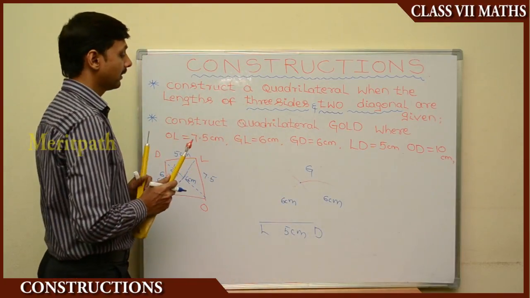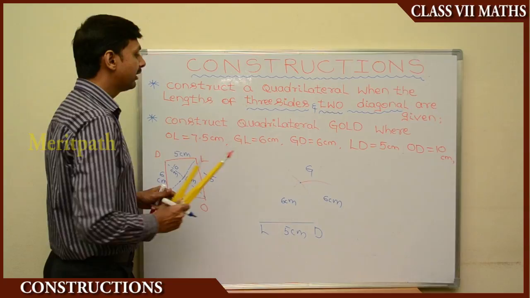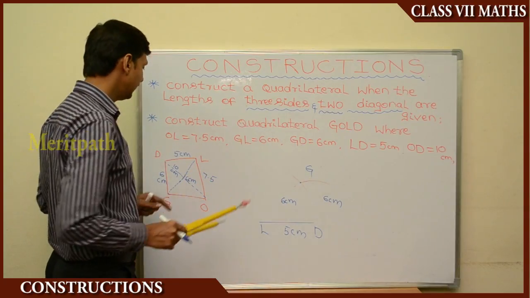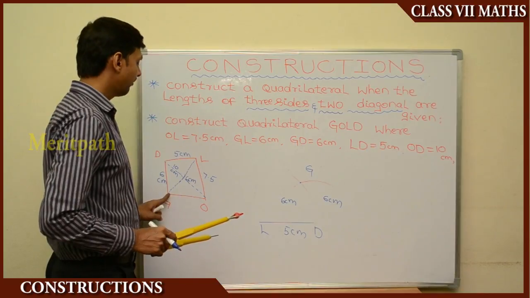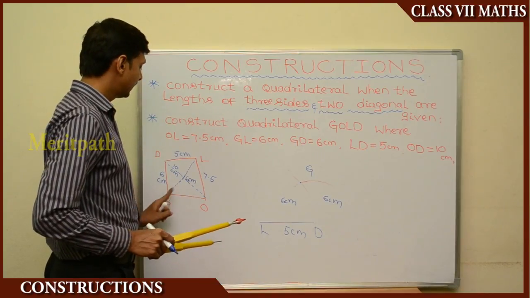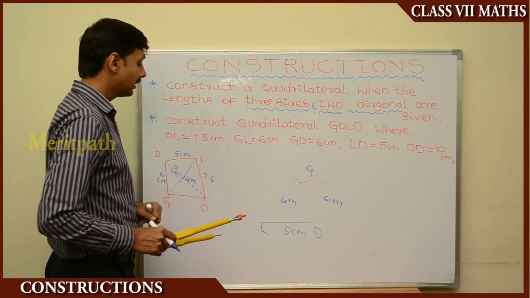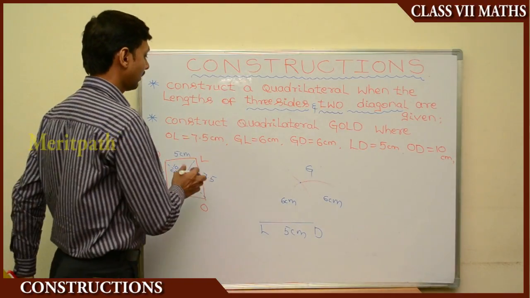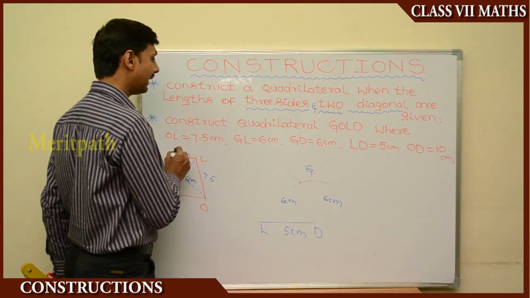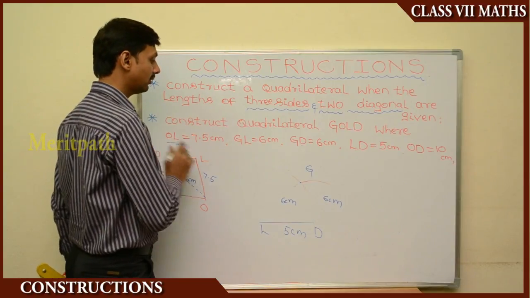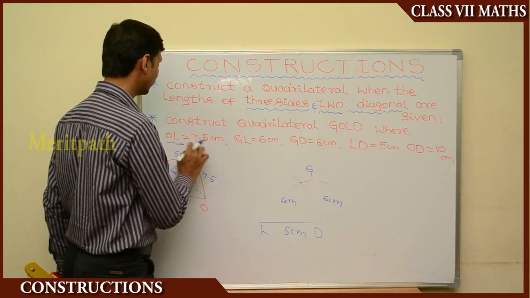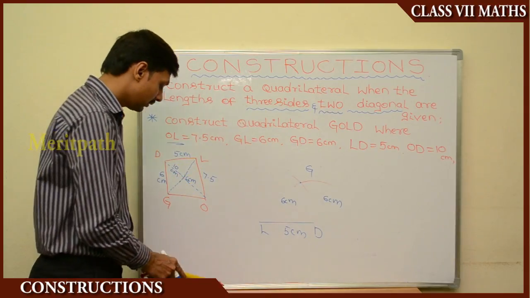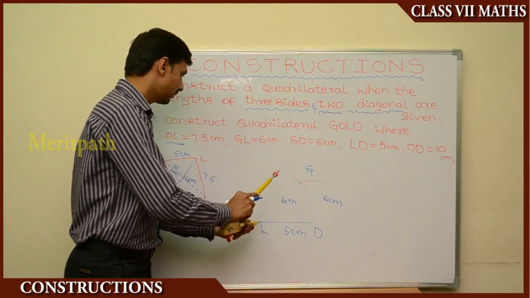Okay. So next we need to construct another triangle, with G. So with G we have GO. GO we don't have, and LD is completed. OL is left out. OL we can do, that is 7.5 centimeters. So let's take OL 7.5 centimeters.